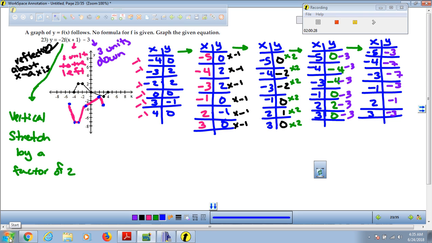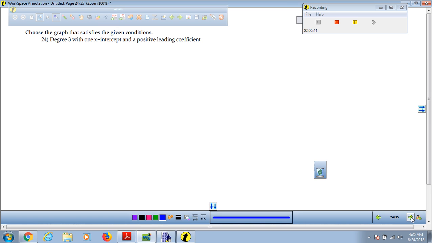Okay. So there it is. That's my transformation. Okay, so there's the graph. Next one.